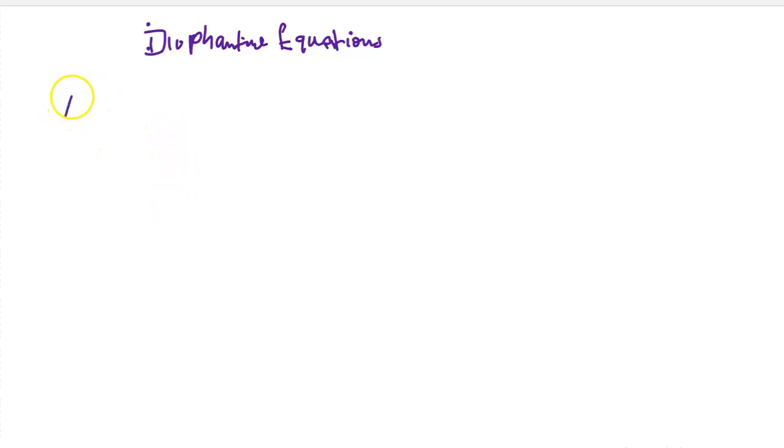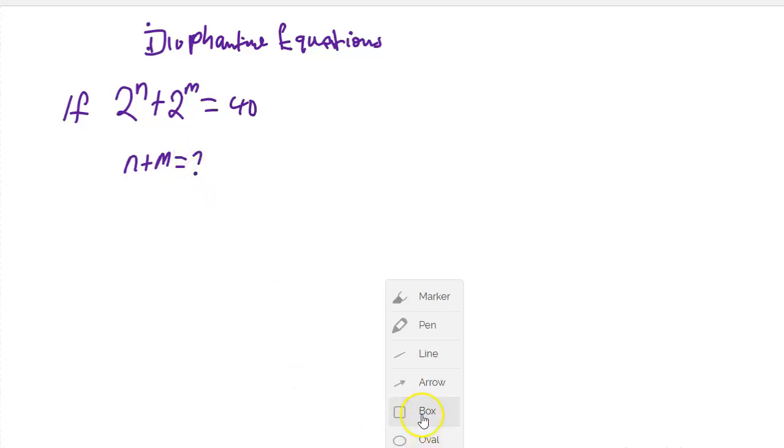Let's say that I give you an equation: if 2 to the power n plus 2 to the power m is equal to 40, and I ask you to find what is n plus m. n plus m is equal to what? So this is what we regard as Diophantine equations. Equations in this manner.